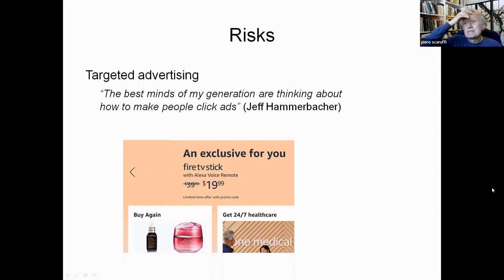I'm afraid it's still largely true. And I'm afraid what those best minds will do in the age of generative AI. As you converse with a chatbot, will the chatbot tell you, hey, there's this wonderful perfume, or hey, vote for this candidate.